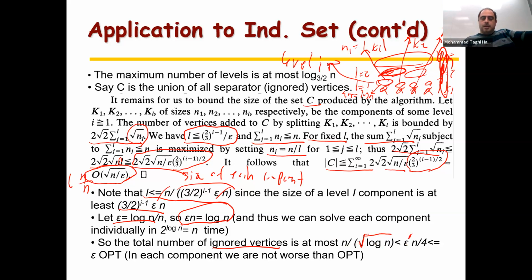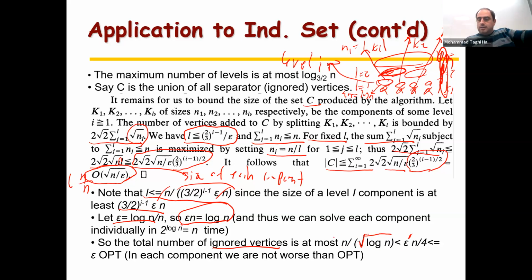So here, as I mentioned, the total number of vertices in C would be order n over epsilon. Epsilon is from this, I put epsilon equal to log n over n. And then if you put this in, you get the total number of vertices would be n over square root of log n. And of course, n over square root of log n is little o of n.